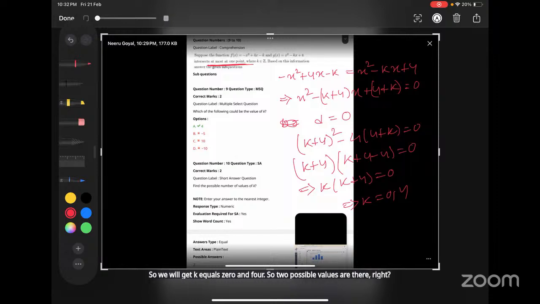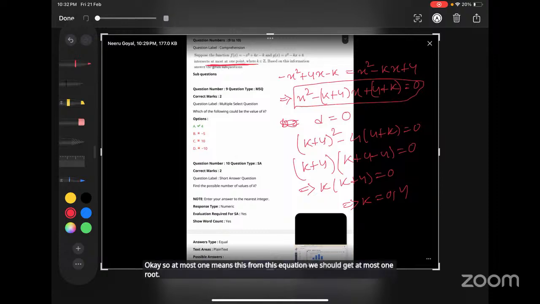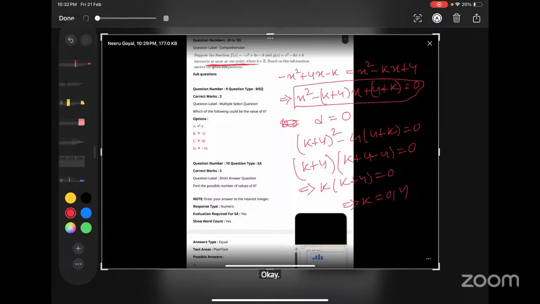Ma'am, why have we taken the discriminant as 0? Because the point of intersection is at most 1. So from this equation we should get at most 1 root, meaning the root should be repeated.